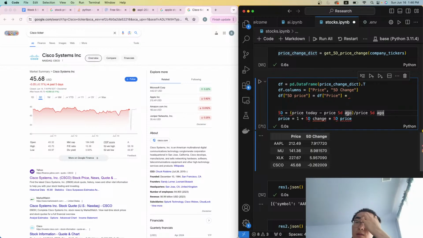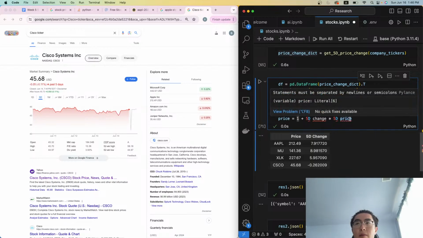Or we can think about this as price today divided by 5D price minus 1.